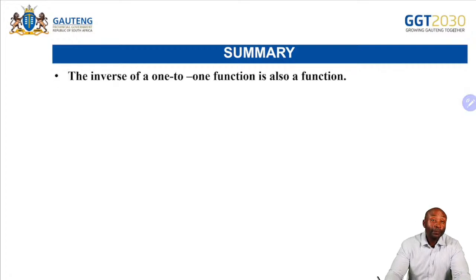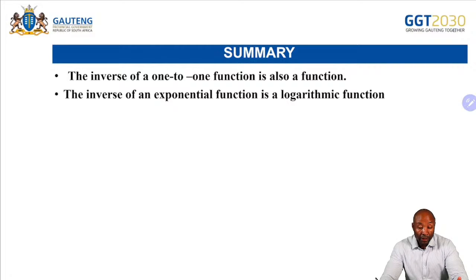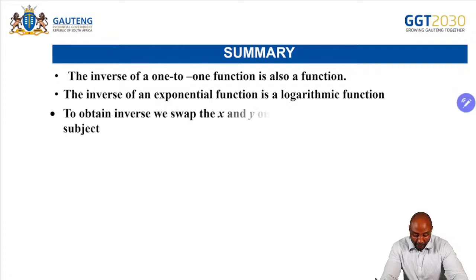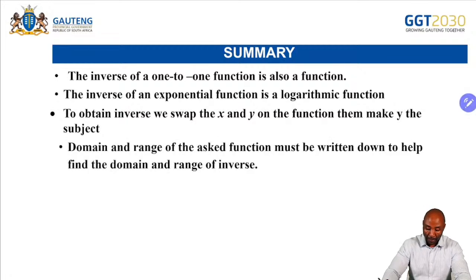In summary, we now know that the inverse of a one-to-one function is also a function. The inverse of an exponential function is a logarithmic function, from what we have looked at. We also know the process of getting the equation of an inverse function: we swap x and y, and we make y the subject again.